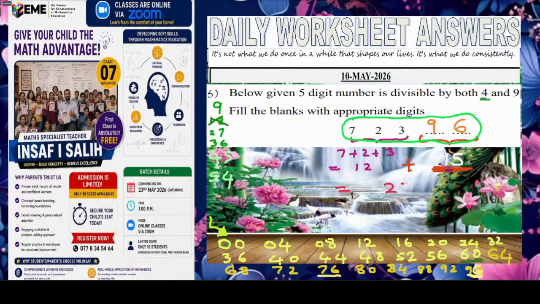We want to get the answer 27 when the digits are added. So definitely 72,396 is divisible by both 4 and 9. All right, all clear?